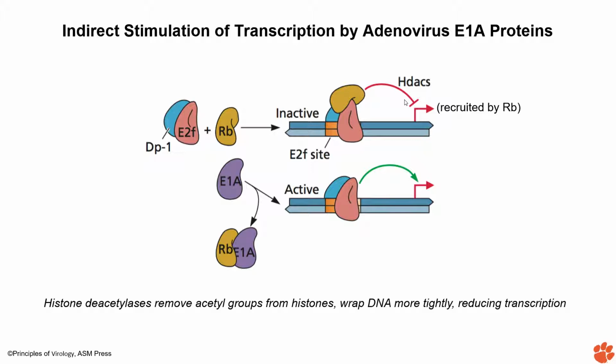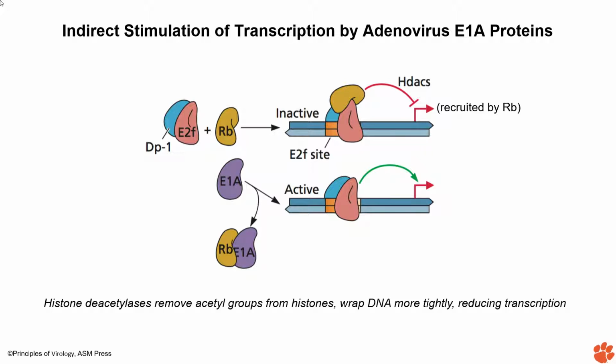You have lots of these basic residues in there, arginines and lysines, and these could be acetylated or methylated. When they are acetylated or methylated, then they actually become loose because they don't interact with the DNA and do not tightly bind. But when you have the histone deacetylases, that means this acetyl group, the methyl groups are taken up.